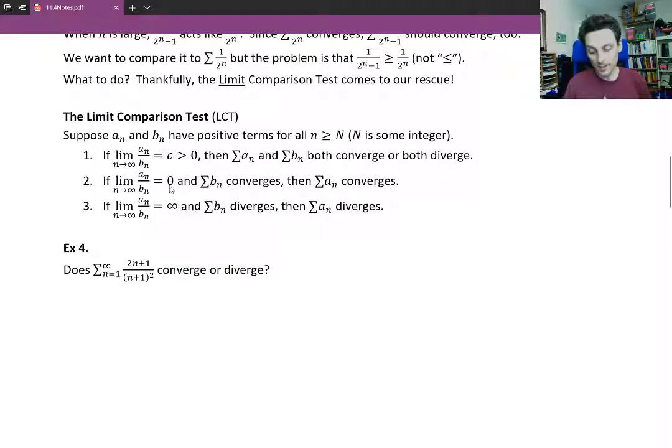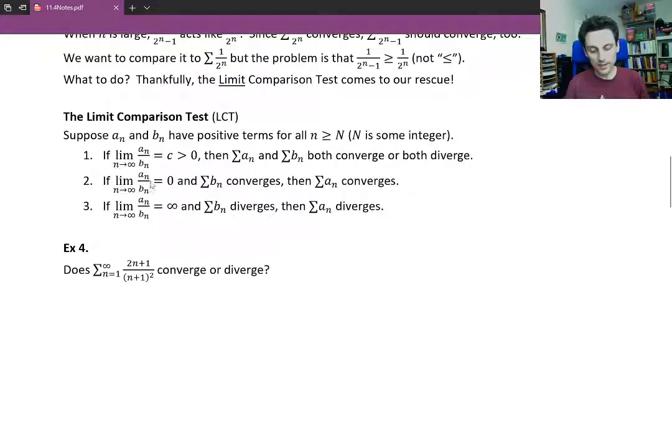Well, if the limit is equal to 0, that would say that the b sub n's are growing a lot faster than the a sub n's are, right? That's the only way that this fraction can be dragged down to 0, is if the b sub n's are growing at a faster rate than the a sub n's. And so if the b sub n series converges, then these smaller a sub n's as a series would have to converge as well.